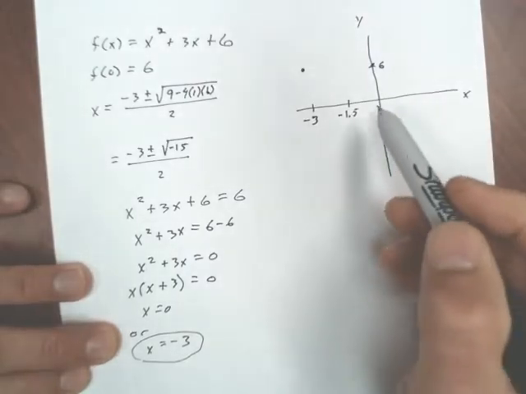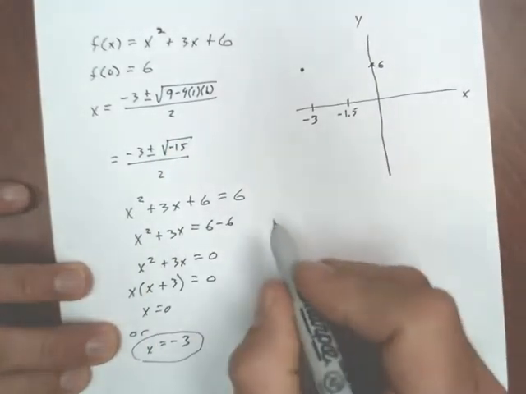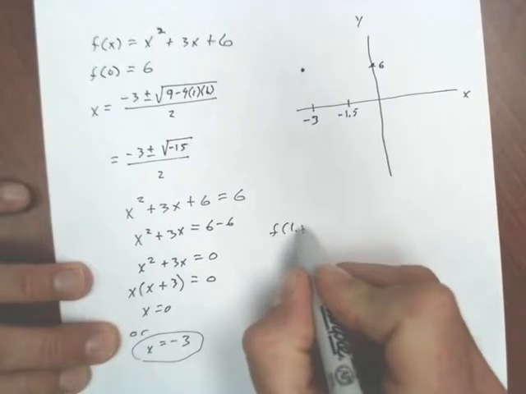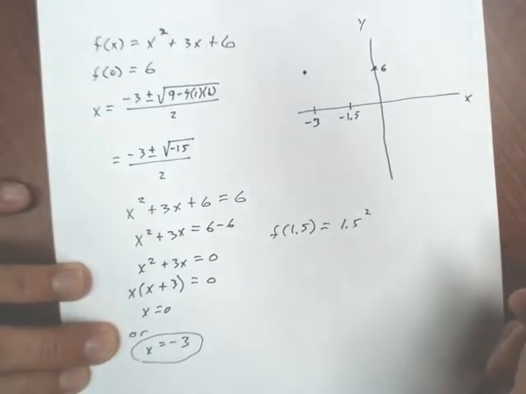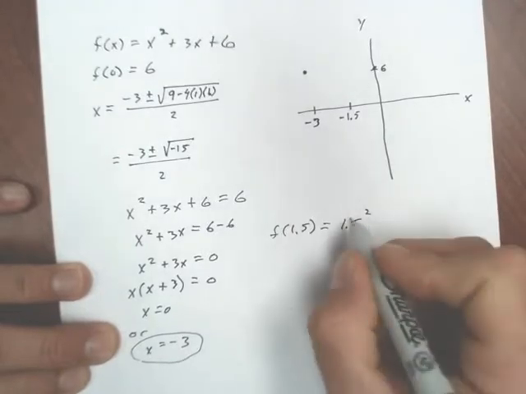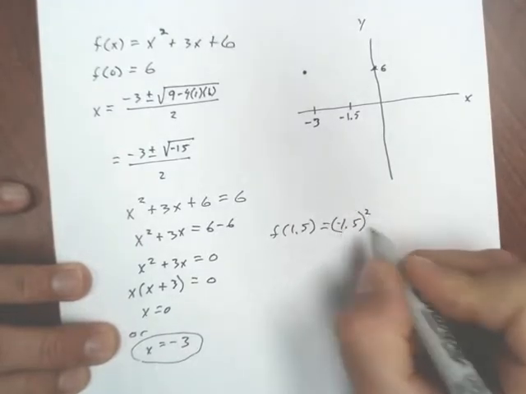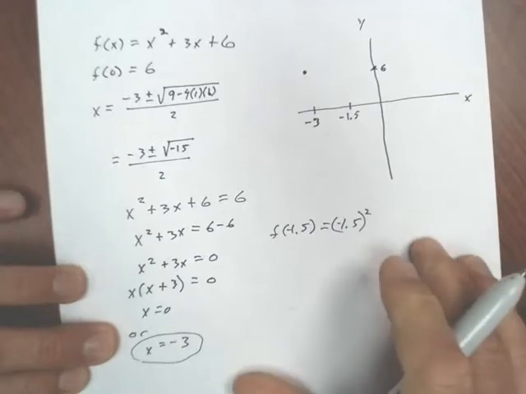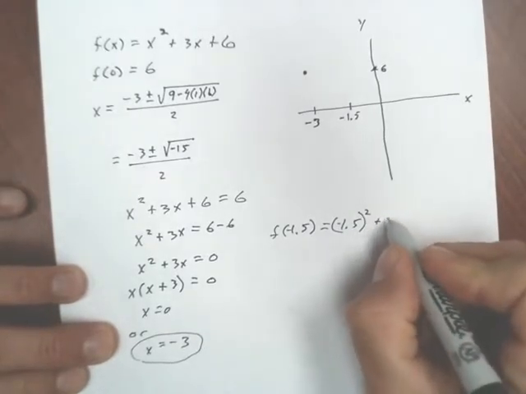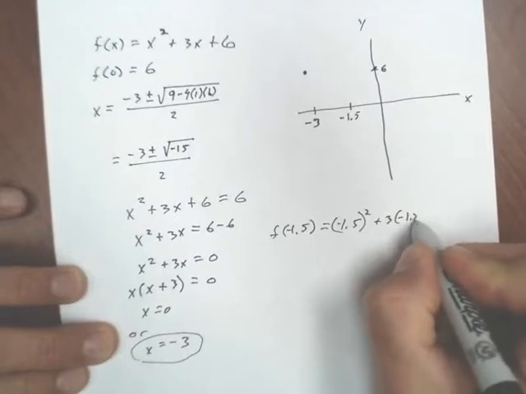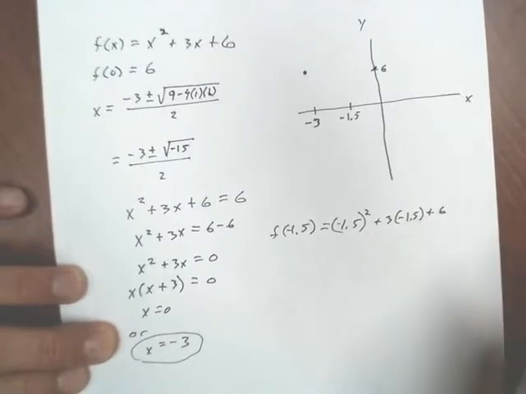So then we just take -1.5 and plug it back into our function. f of -1.5 equals (-1.5) squared plus 3 times -1.5 plus 6.